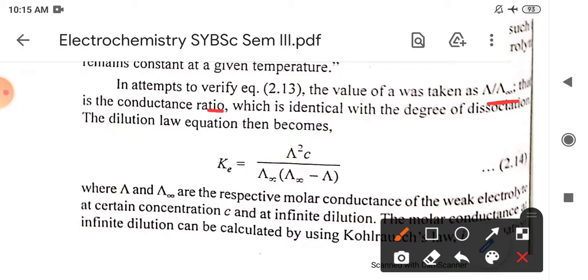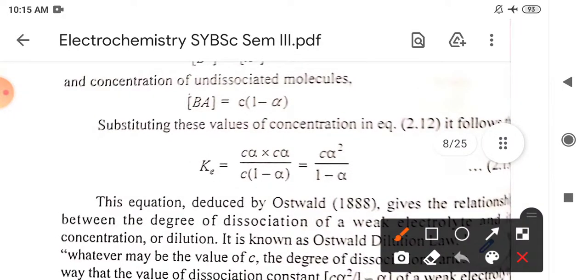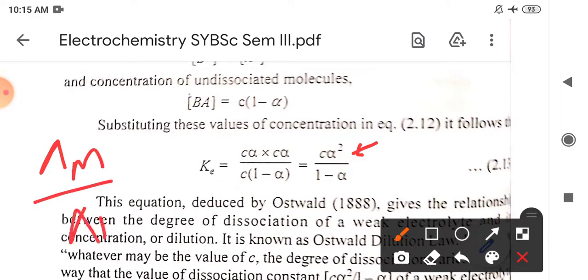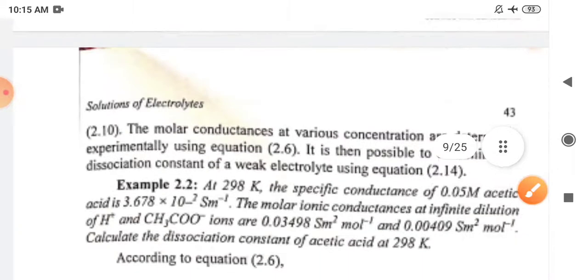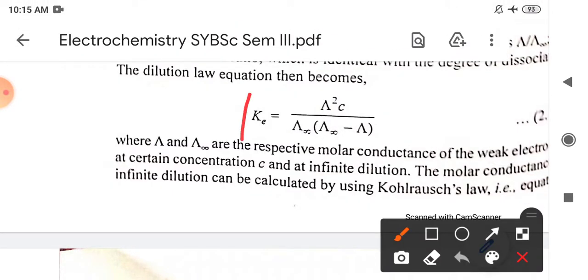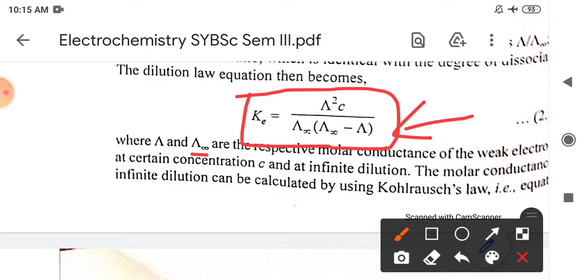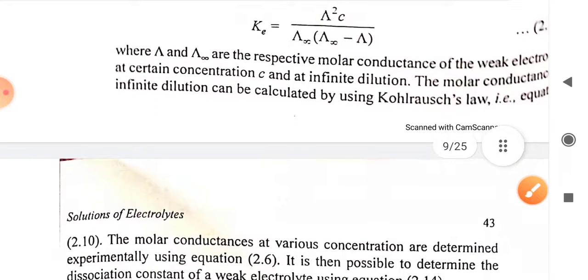So we can simply substitute the value for alpha, and upon simplification you finally get the equilibrium constant as lambda m square C upon lambda m naught into (lambda m naught minus lambda m). These are just simplification steps, not tough mathematics; they have taken the ratios and cancelled common terms. Lambda m is the molar conductance and lambda m naught is the molar conductance at infinite dilution.